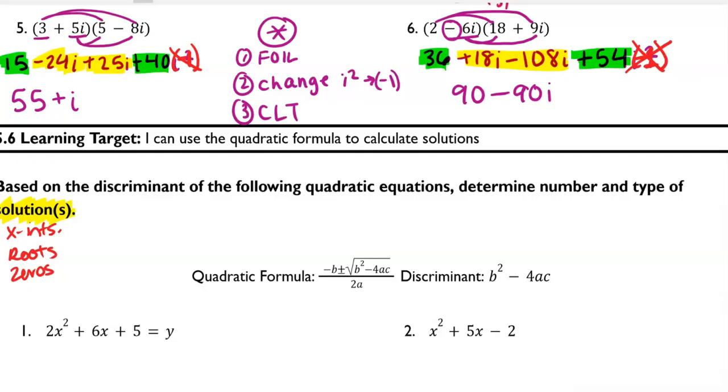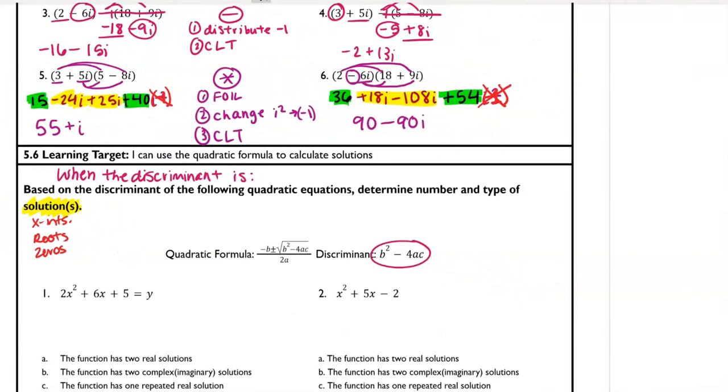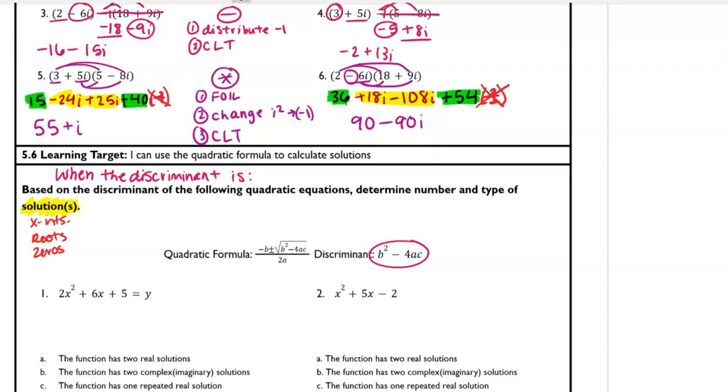Our first note is that when b squared minus 4ac, the discriminant, is positive, we have two real solutions, which means that our parabola will cross the x-axis at 2 points.